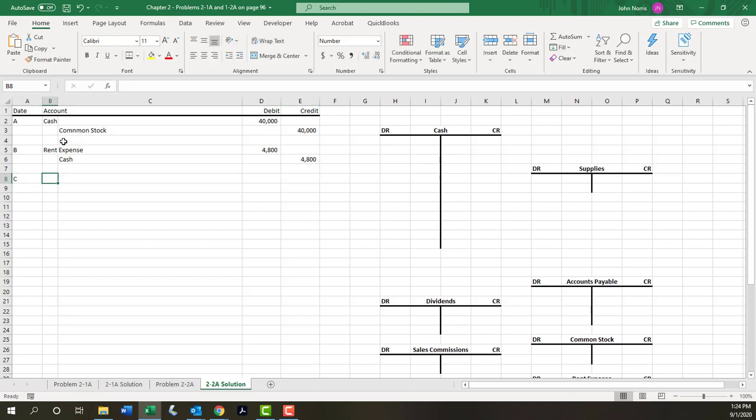C, purchase supplies on account, $2,150. D, paid creditor on account. So this is accounts payable.